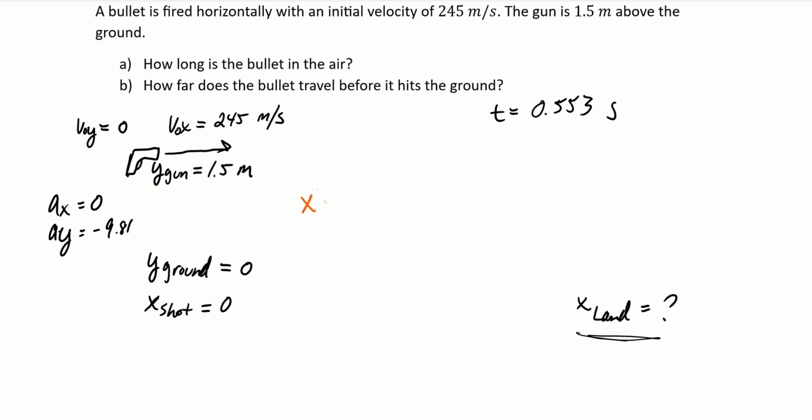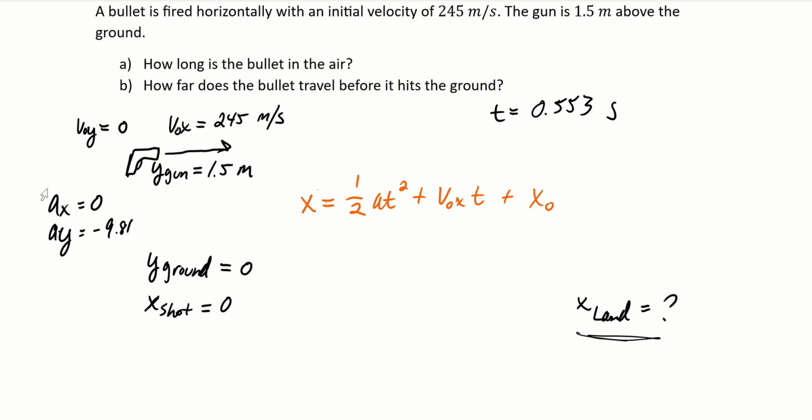So I'll write out our equation. x equals 1/2 a t squared plus initial velocity in the x direction times time plus our initial position. So our initial position is where we started, which we defined as 0. So this initial position term is going to go away. We can drop it.